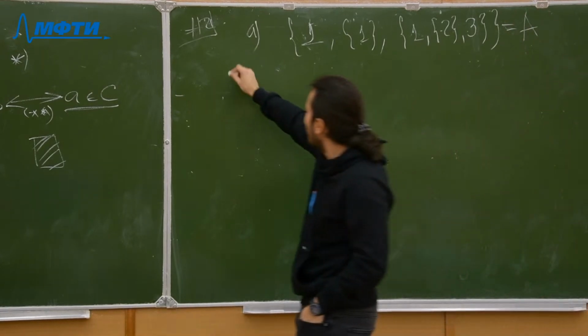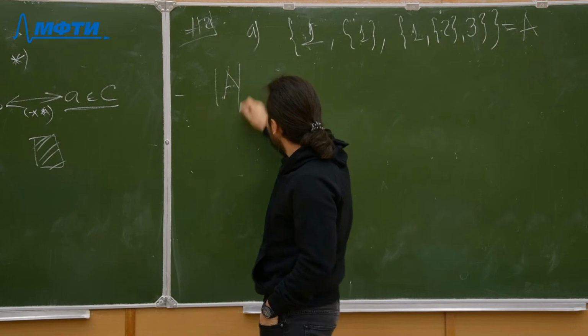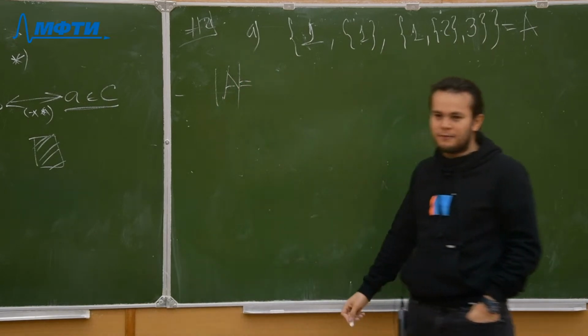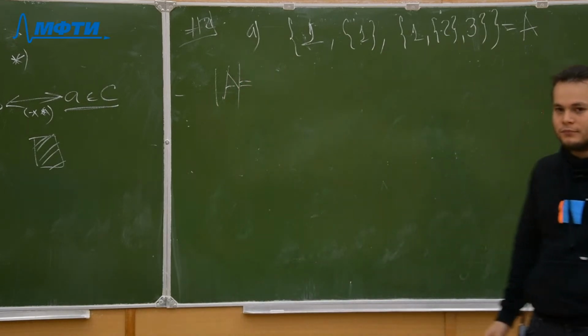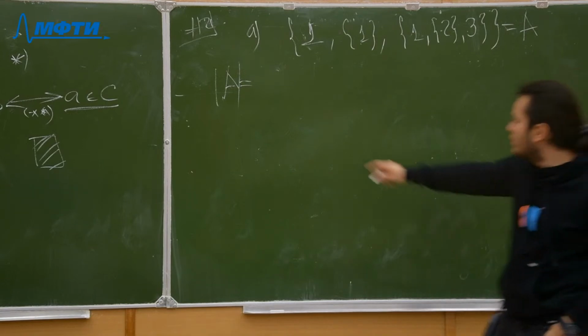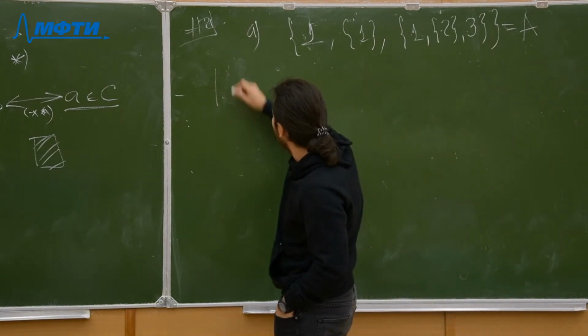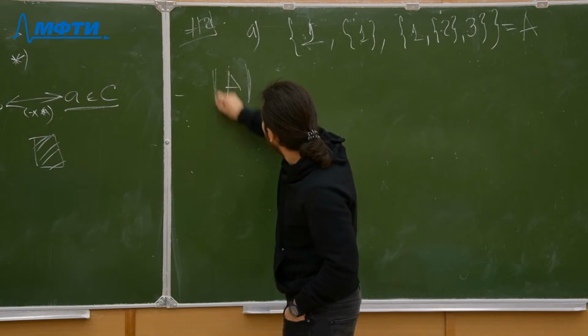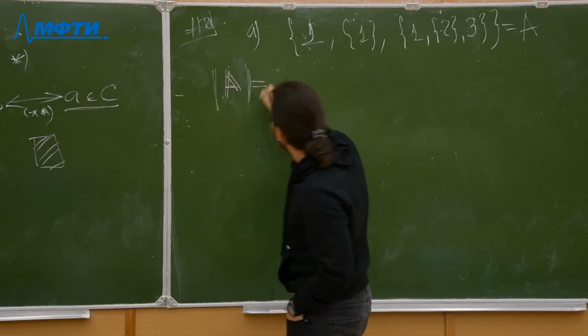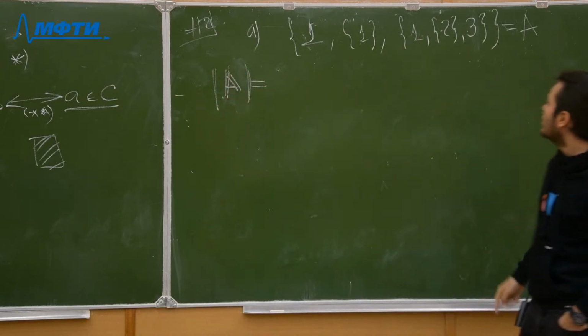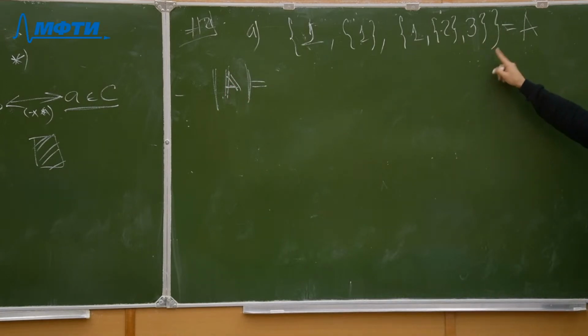This is set A. Who can tell me how many elements this set has? This is the cardinality, right? I don't know if you already know that, but this is just the number of elements in A, the cardinality of A. So the number of elements here, how many?